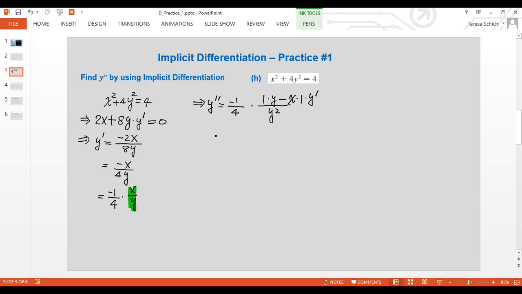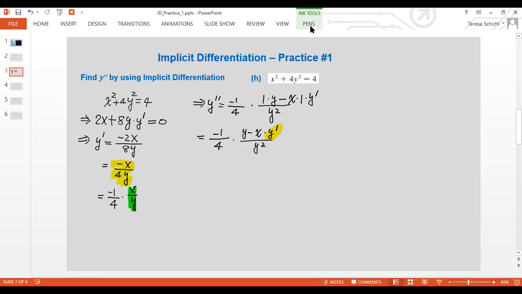So far so good? Now in here you will have a negative 1/4, and this is y squared, then y minus x times the y prime. And now you just replace back what your y prime is.